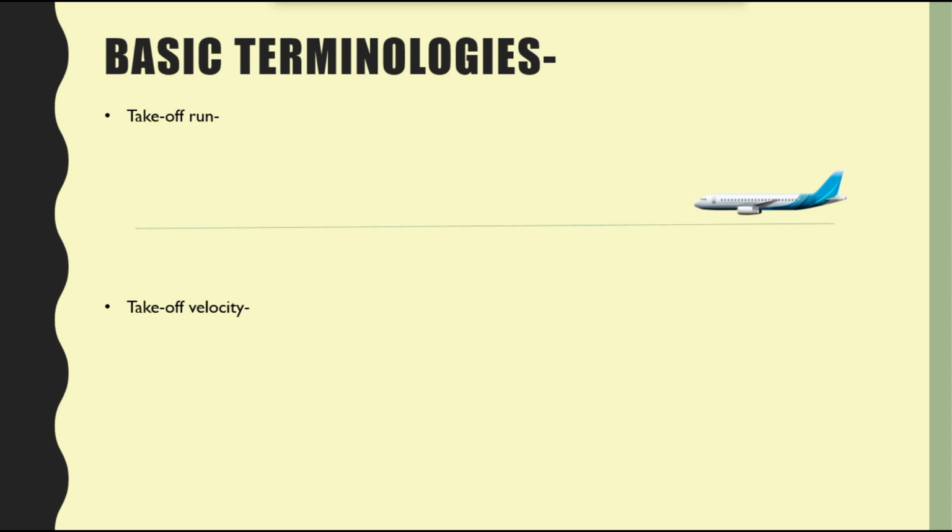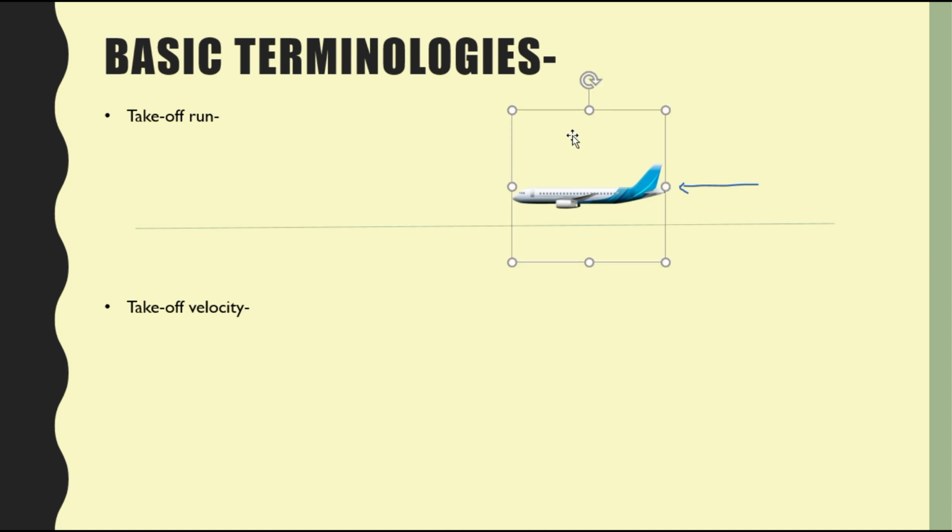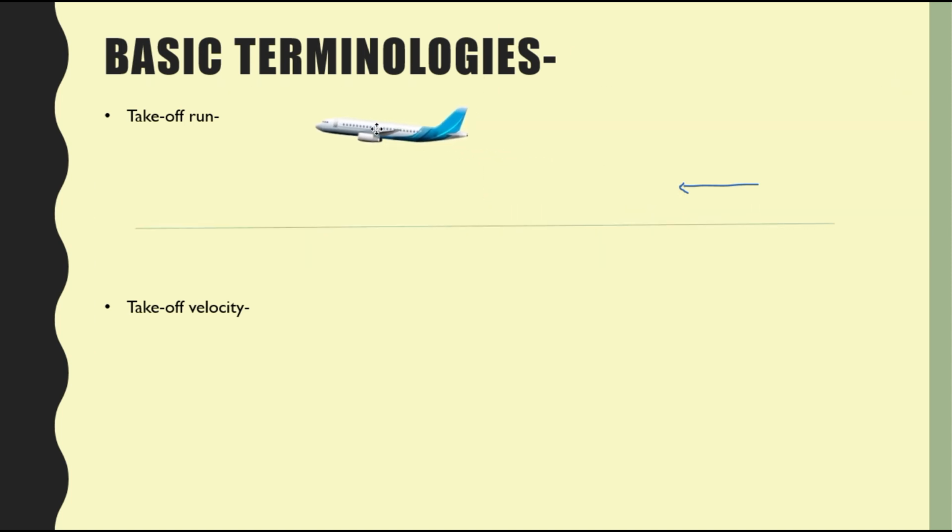When the plane starts moving in this direction, let's suppose the plane is now moving in this direction. The wind flow is in the opposite direction. Now I change the angle of attack slightly, and the lift starts increasing and the aircraft starts to rise.